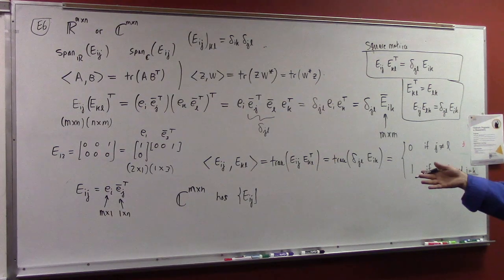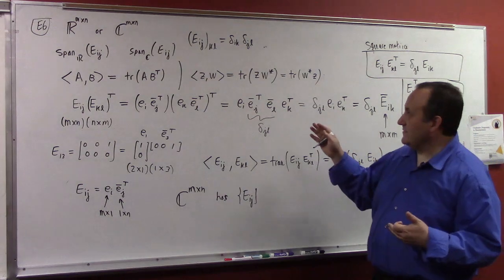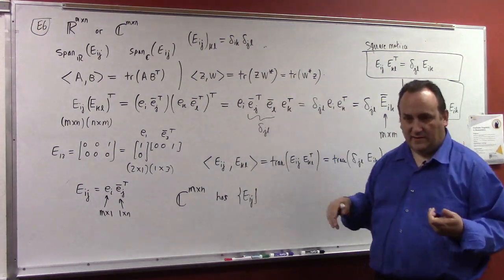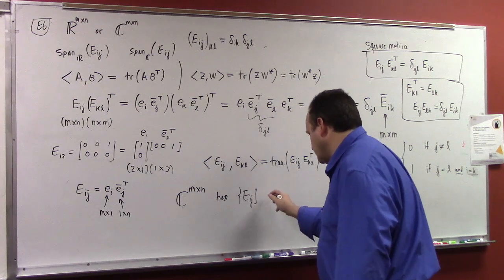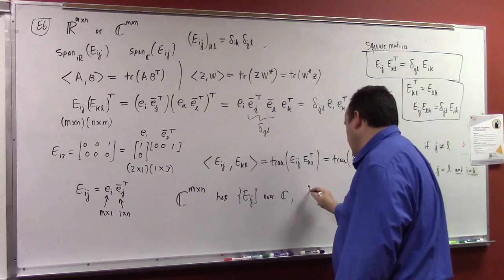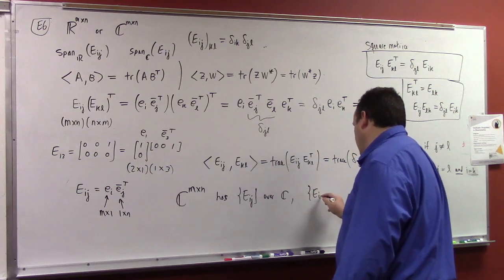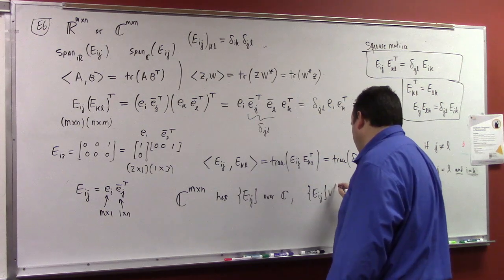It has that as a complex orthonormal basis, because this calculation is unaltered when we dress it up with the conjugates. But you could also do this over R, and there are 2 different ways you could go.